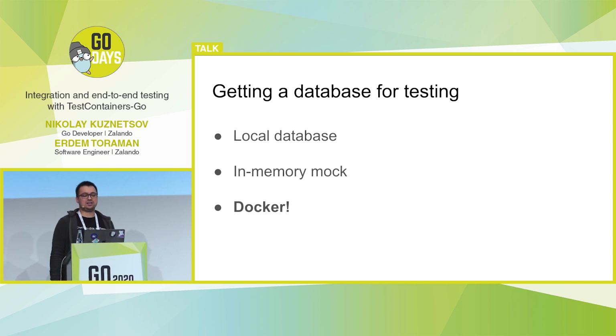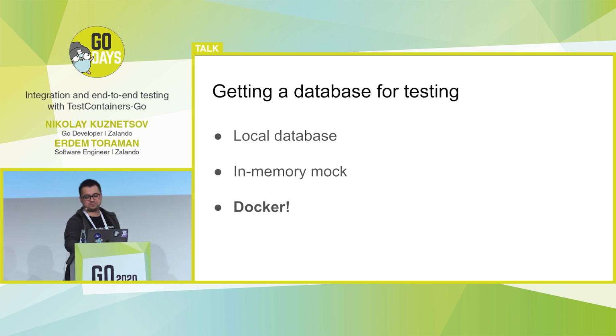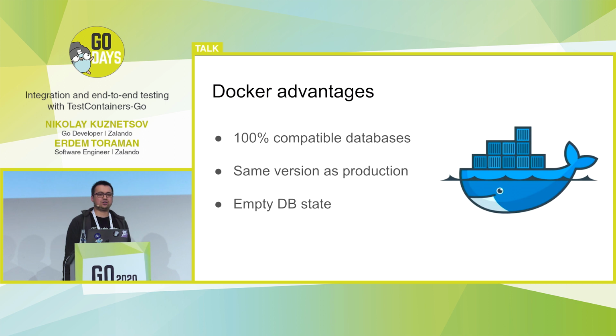Then how do you actually get a database for testing? Of course, you can start Postgres locally, really starting it not in Docker. You can emulate Postgres with some in-memory mock for testing purposes, but nowadays the default choice is Docker. Docker has a lot of advantages, especially for testing. You can have a 100% compatible database in your test, using exactly the same version as in production.